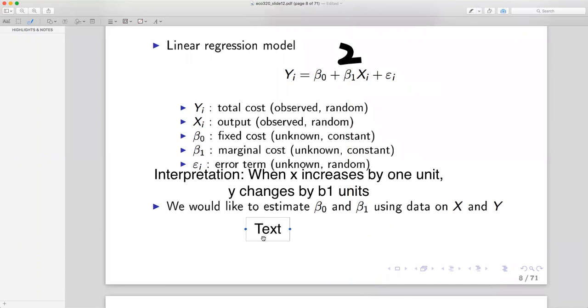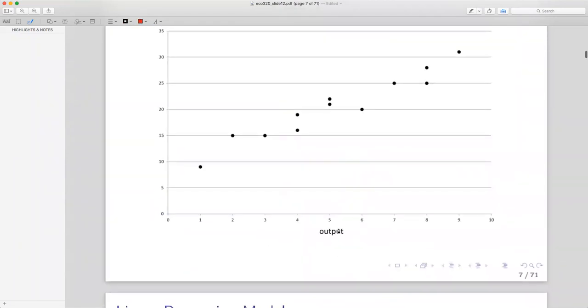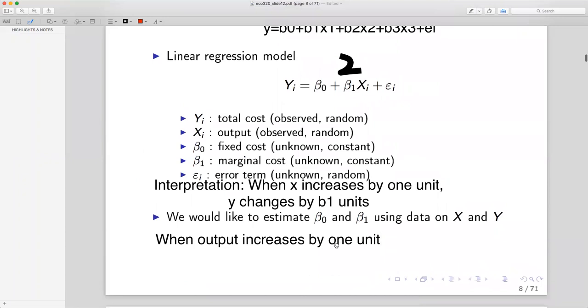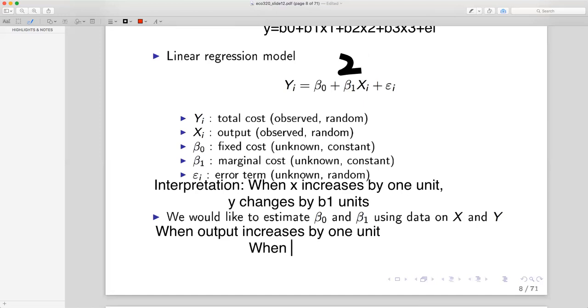When output increases by 1 unit, or if you produce 1 more, something like that. It doesn't have to end with a unit. For example, in our previous lecture we said when temperature increases by 1 unit.